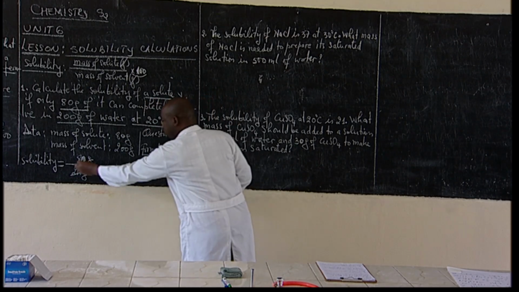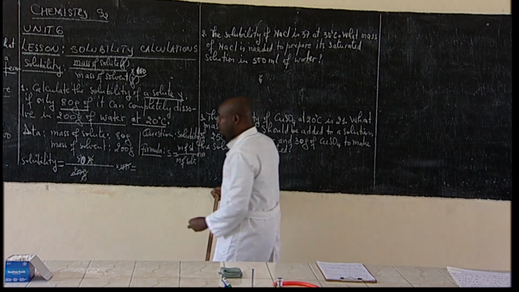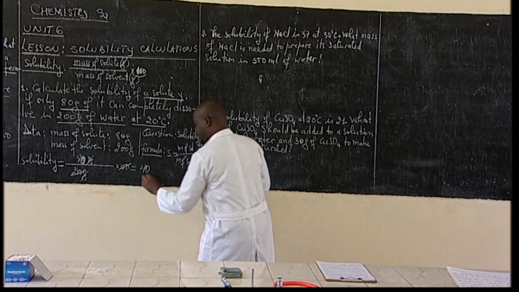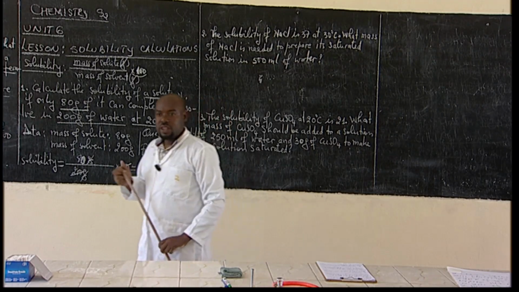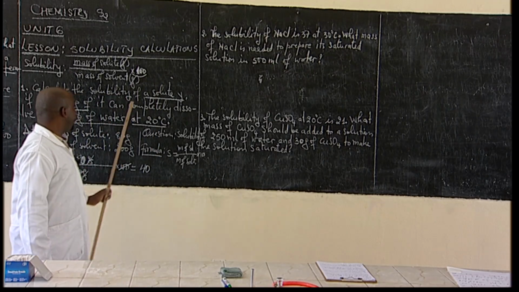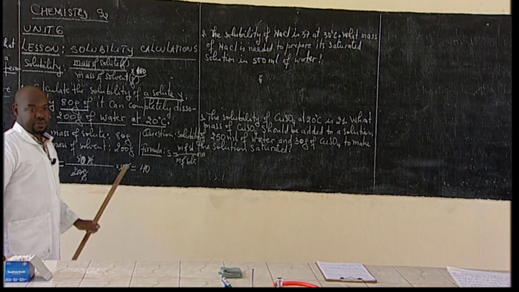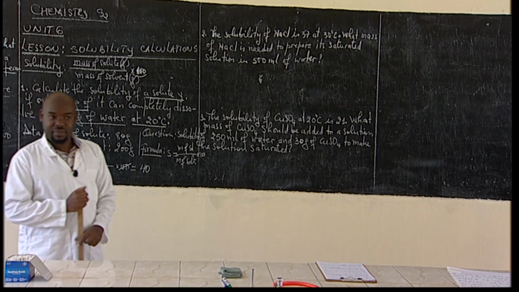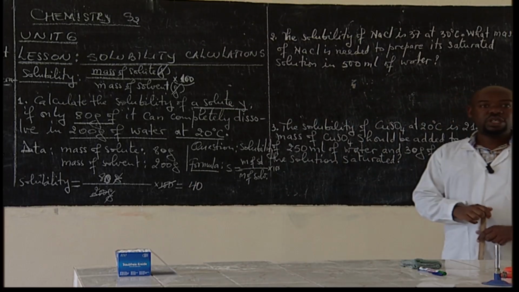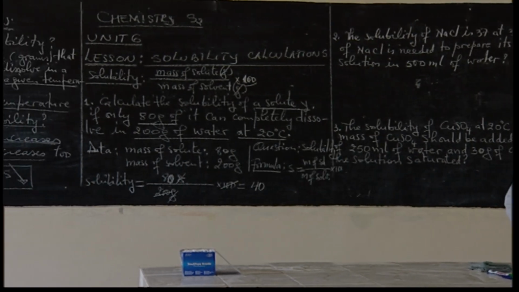And then 80 grams and grams will cancel out, and we get 80 over 2, and that will be 40. So the solubility of our solute Y at 20 degrees is 40. I think everything is clear.